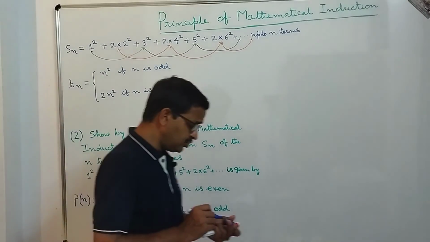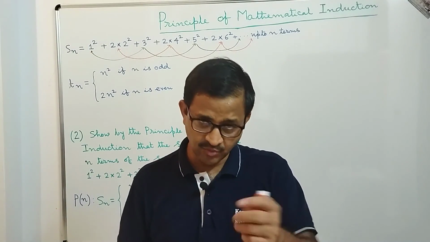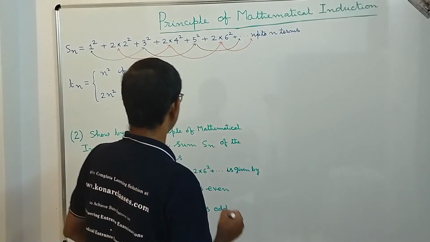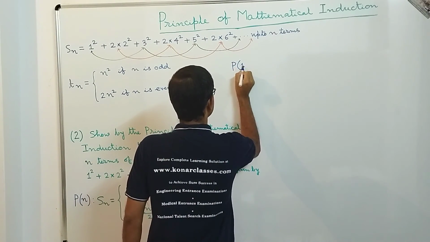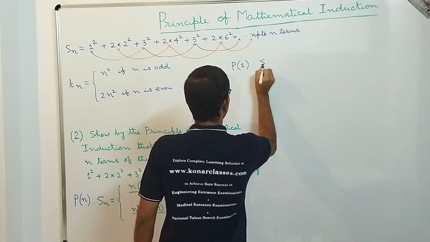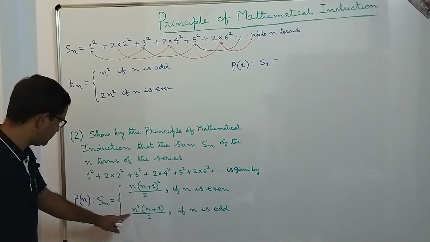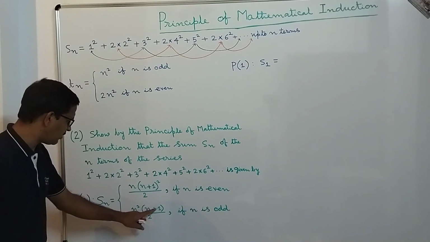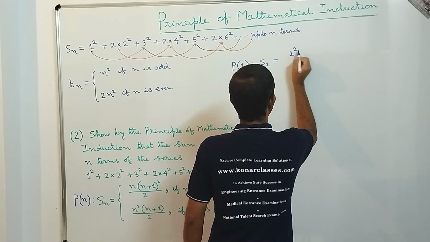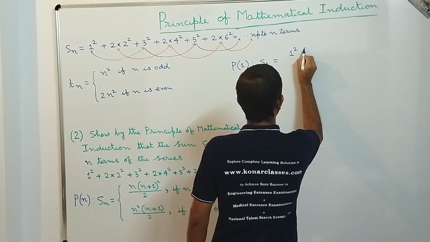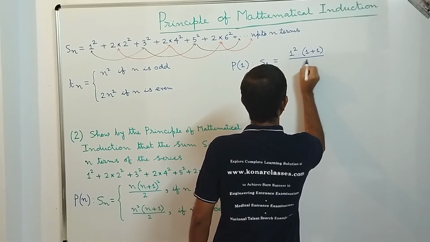Now, as we need to prove by the principle of mathematical induction, first we need to prove that P1 is true. So what does P1 stand for? P1 stands for S1 is equal to, now 1 is an odd number, so we get 1 square into 1 plus 1 divided by 2.